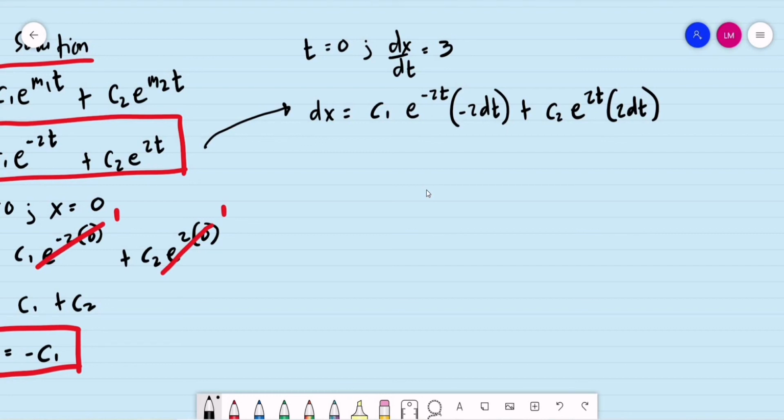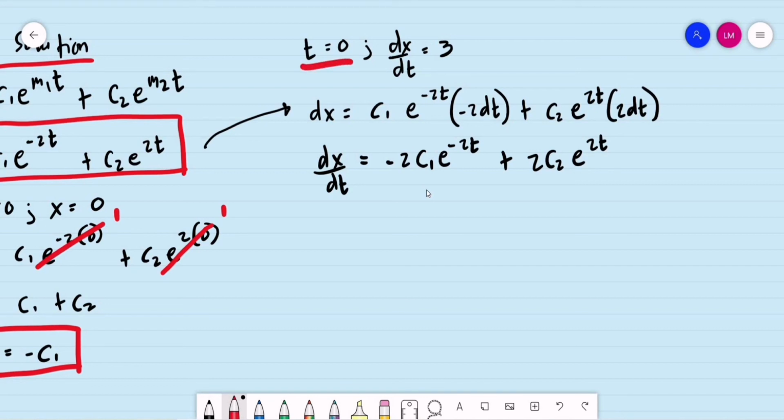So dividing all terms with dt, this will give us a term on the left side. That is the dx over dt is now equal to negative 2c1 e raised to negative 2t, then plus 2c sub 2 e raised to positive 2t. Then we are now to use these values. At t is equal to 0, the dx over dt is equal to 3.